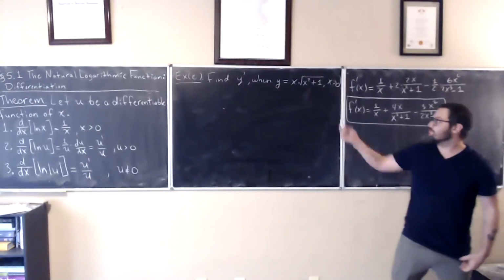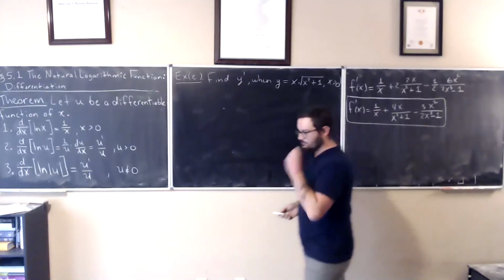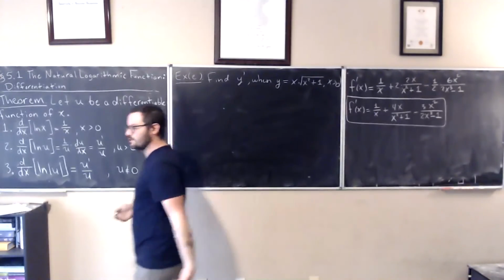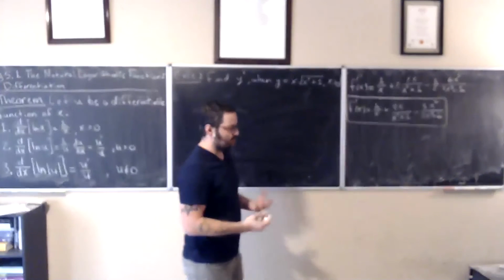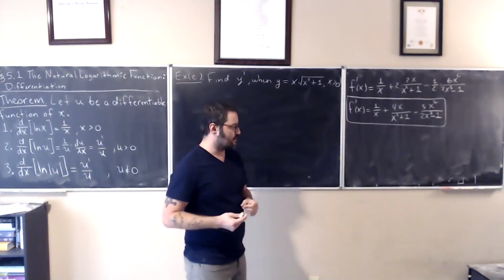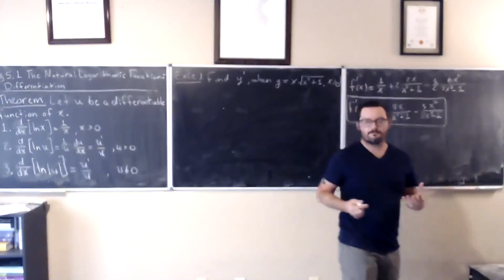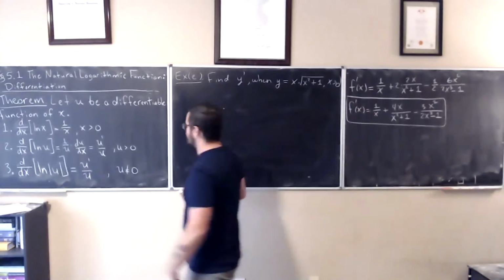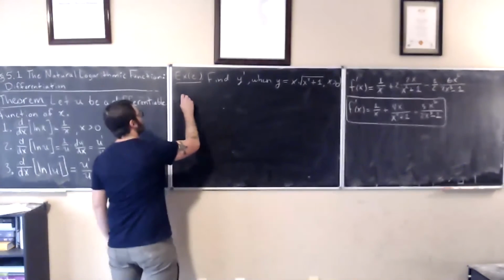Because x is greater than 0, that's greater than 0, which means that we can take the logarithm on both sides. After doing that, because we know how to find the derivatives of natural logarithms, we can use implicit differentiation to find y prime. So this would be considered a technique of logarithmic differentiation.